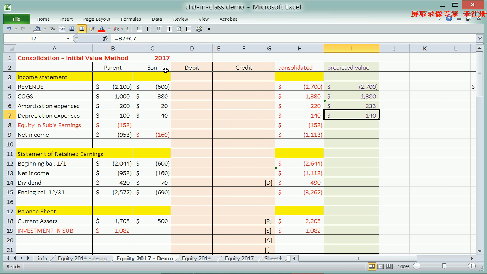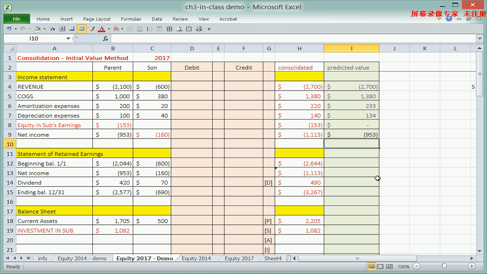That means the subsidiary took more depreciation of the equipment than it should have, if it knew the fair value, or had the fair value on its book. So we need to subtract the 6 because it's overvalued and the subsidiary took more depreciation than it should have. Equity in subsidiary's earnings should be 0, and net income is calculated as above.